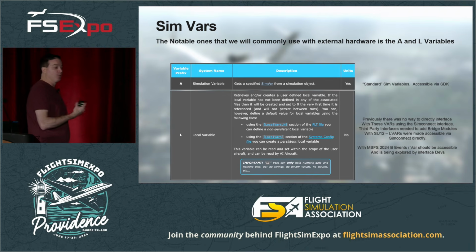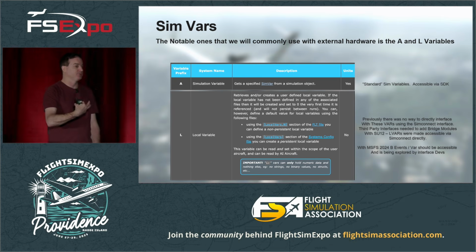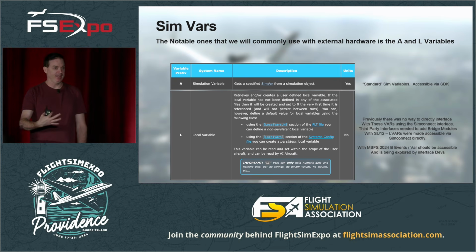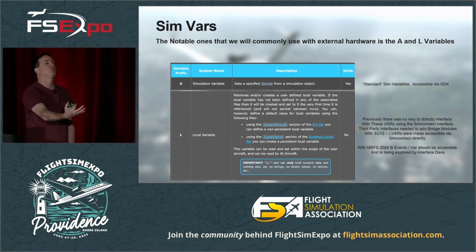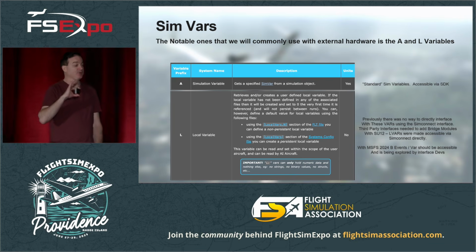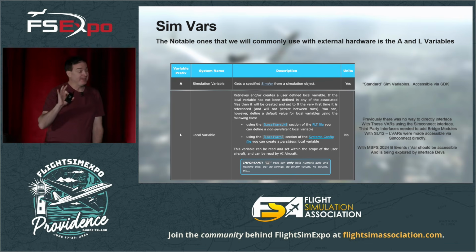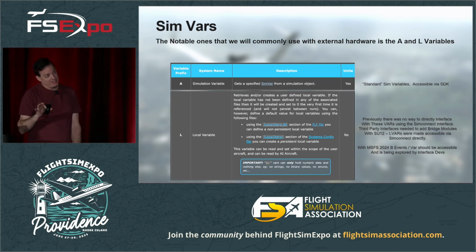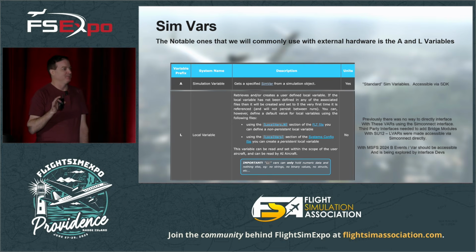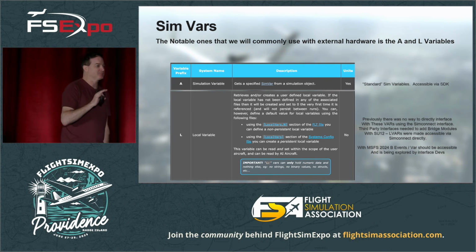So the notable ones that we commonly use for binding displays, LEDs, things that we are reading back from the sim, are going to be A-Vars and L-Vars. Now, there is supposed to be an easy way to subscribe to variables in B events. It will crash the sim if you're in the wrong menu and you ask for that B event.